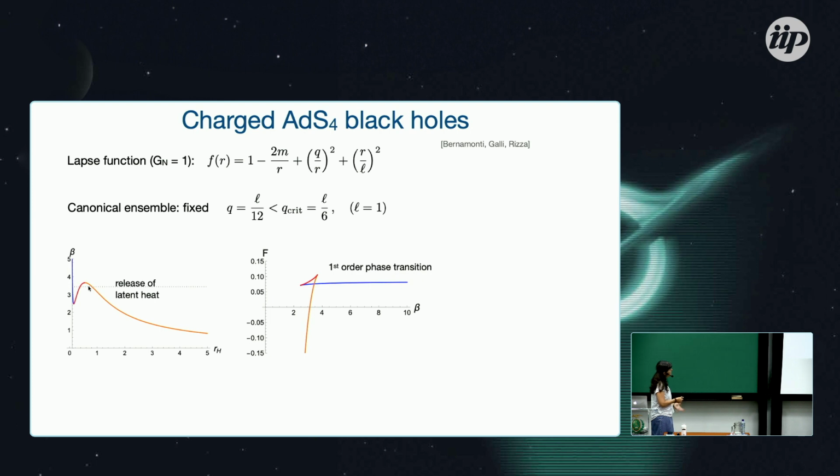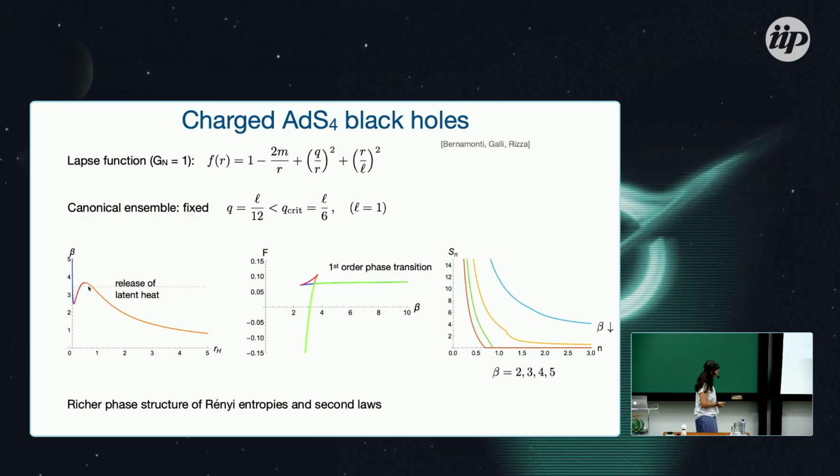This is because in the canonical ensemble there is a window of the parameters in which we can have first order phase transitions between small black holes, in blue, at low temperatures and large black holes, in orange. And so this gives new features and a richer structure in the Renyi entropies and in the constraints, because now they can have discontinuous first derivatives.